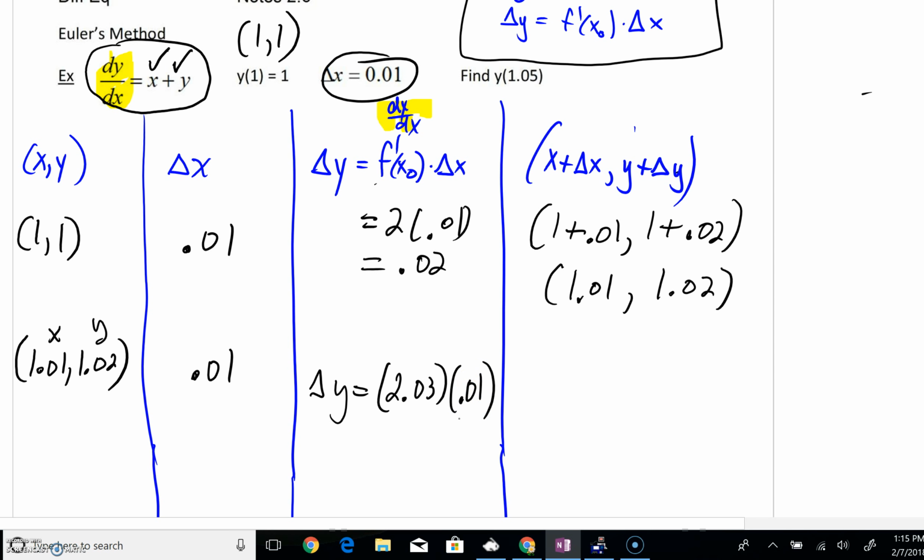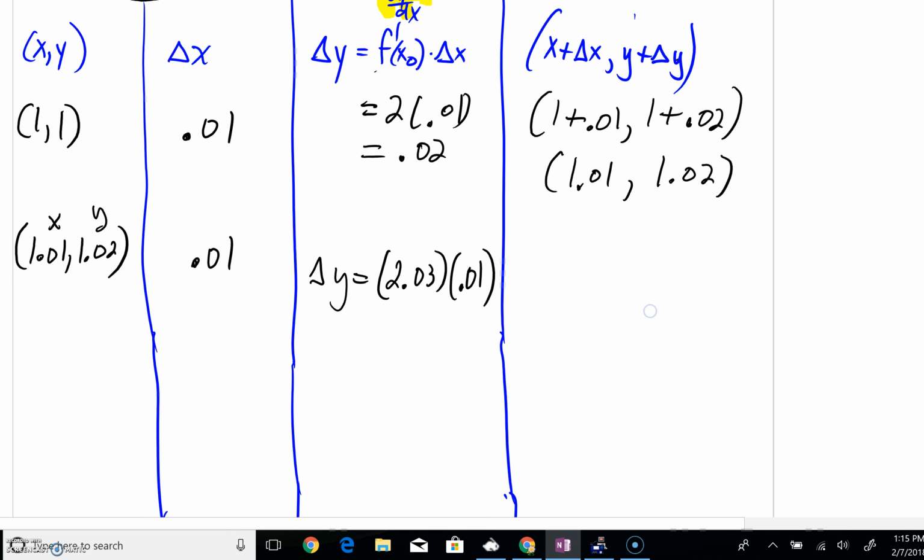Now, multiplying by 0.01 is effectively going to take your decimal point and move it 2 places to the left. You're really multiplying by 1 over 100. So as we move our decimal 2 places to the left, you'll have 0.0203.